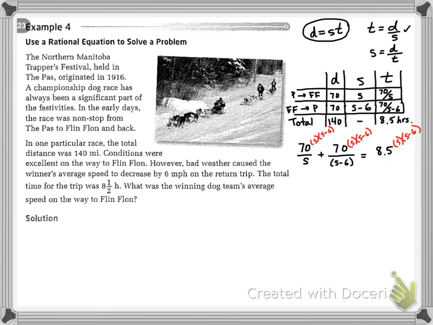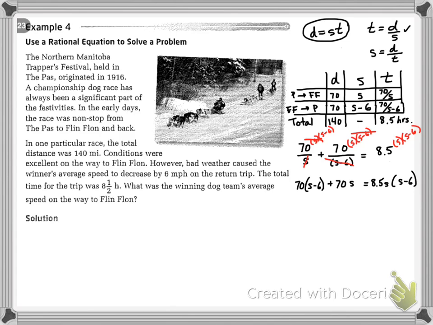Now we can cancel. In the first fraction, we can cancel the two s's and get 70 times s minus 6. In the second fraction, we can cancel the s minus 6 on the bottom with an s minus 6 on the top, and that'll be 70s. And lastly, there's nothing to cancel, so you get 8.5s times s minus 6.